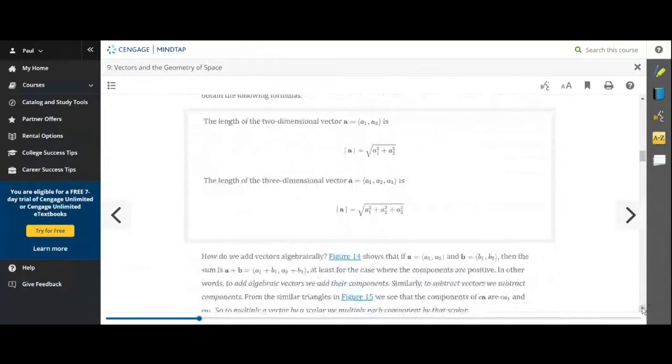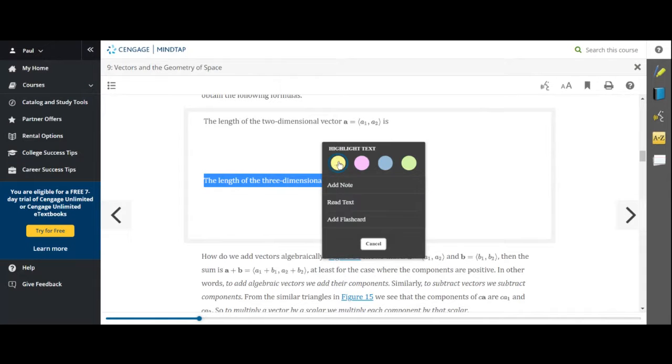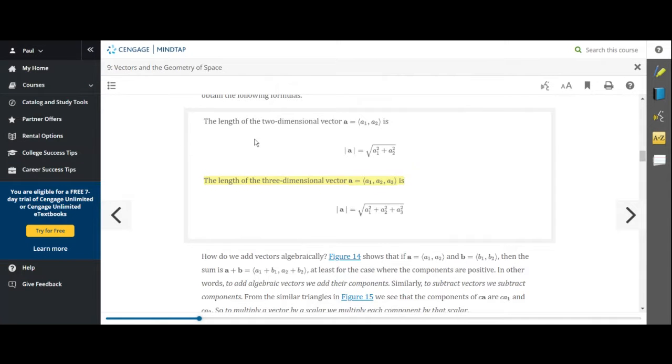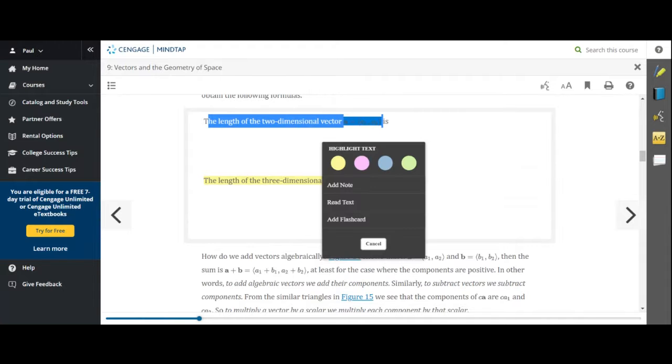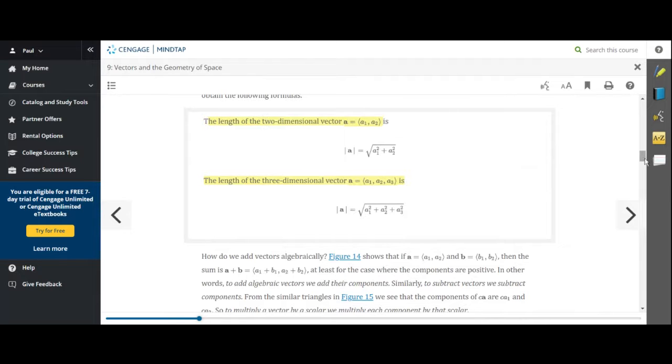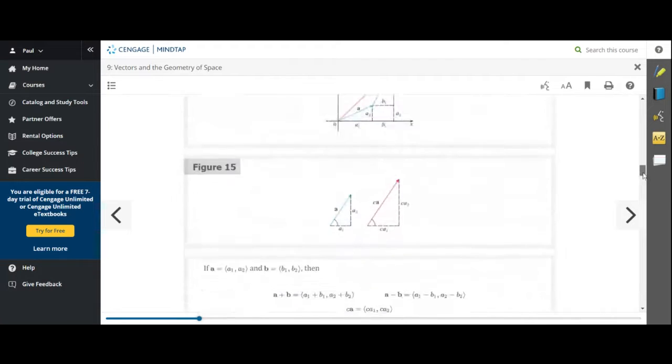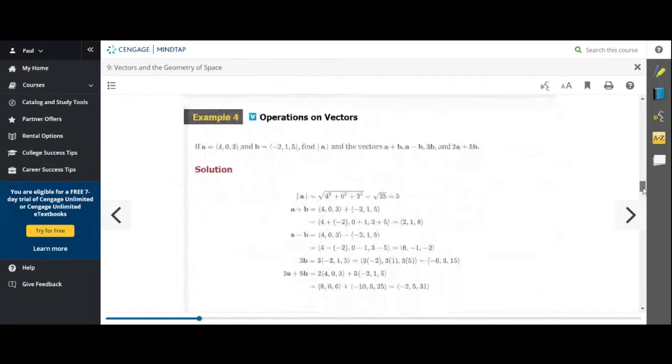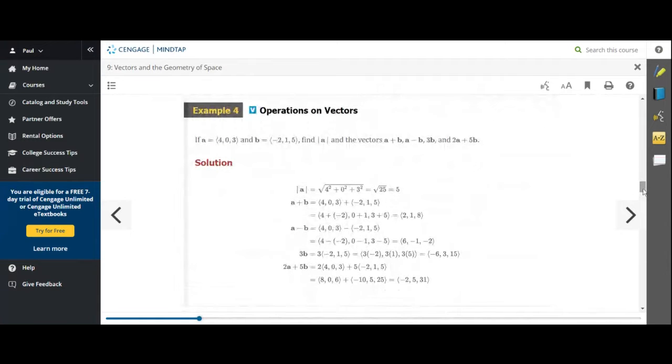But you know, these definitions now, the length or the magnitude, they all make sense. They make intuitive sense. And operations of vectors. In example 4, they talk about adding vectors, subtracting vectors, and all that.